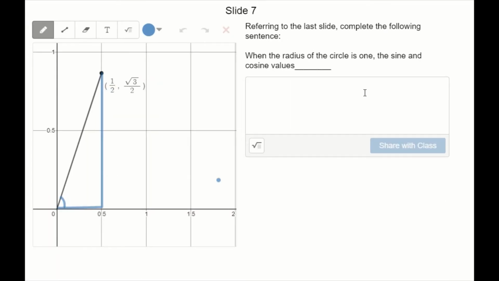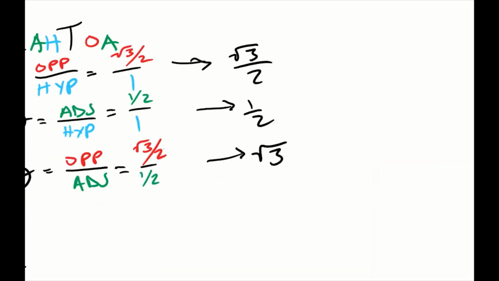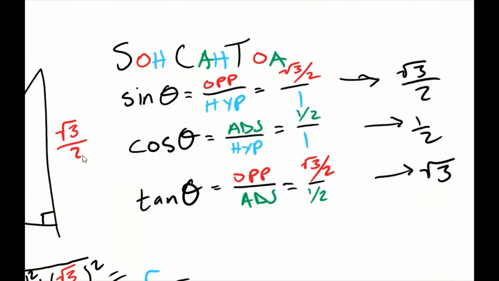So, referring to the last slide, complete the following sentence. When the radius of the circle is 1, the sine and cosine values... Well, what we saw happen was that since the radius of the circle was 1, the sine value just ended up being equal to the length of the opposite side. So root 3 over 2 was the length of the opposite side, and that was what our sine was, because dividing by 1 just doesn't change anything.